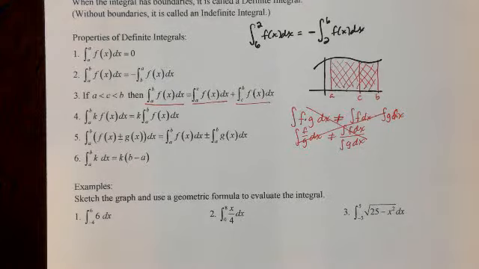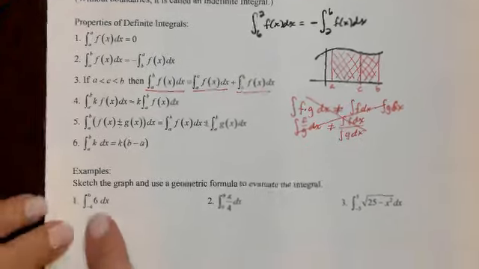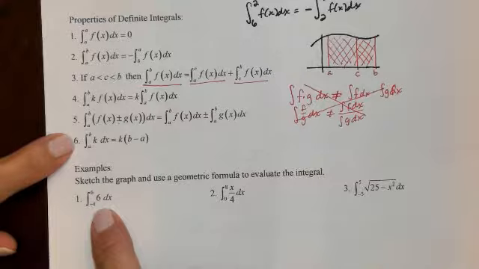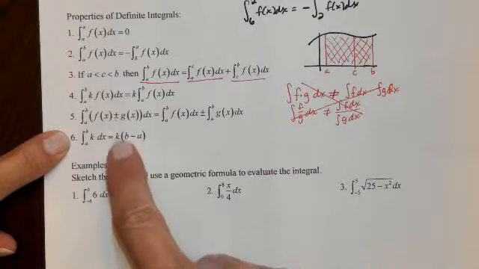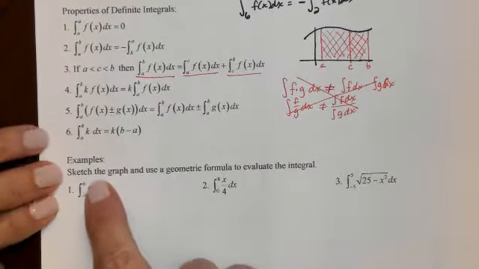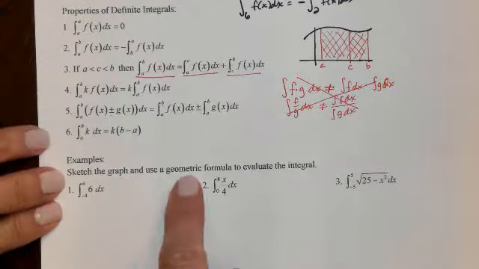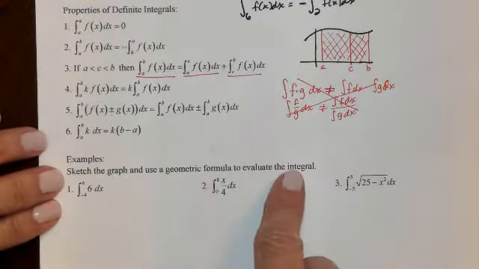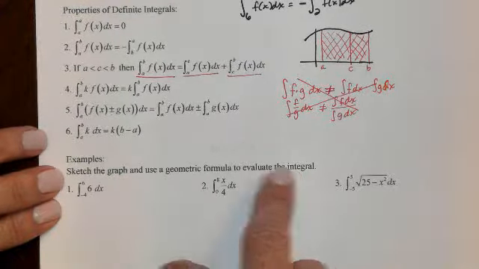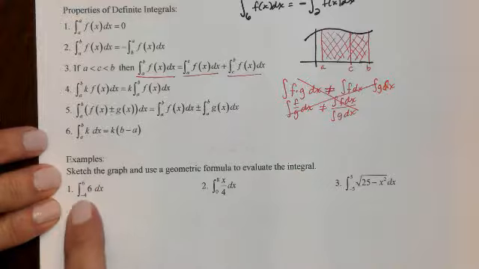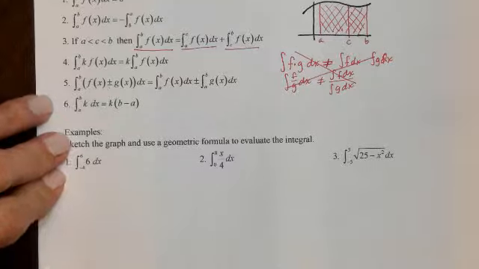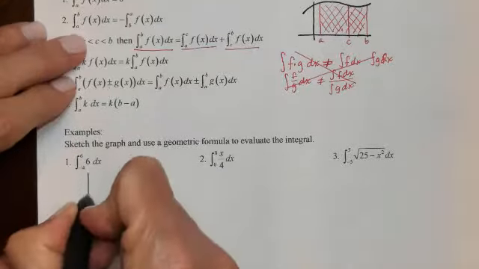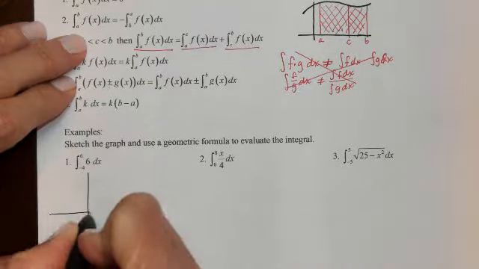Okay. Let's start with this example. And this first example is actually property number 6. We're going to see why that's true. So example: sketch the graph and use a geometric formula to evaluate the integral. This is the area under the curve y equals 6. So we're going to begin by graphing y equals 6. What does y equals 6 look like?